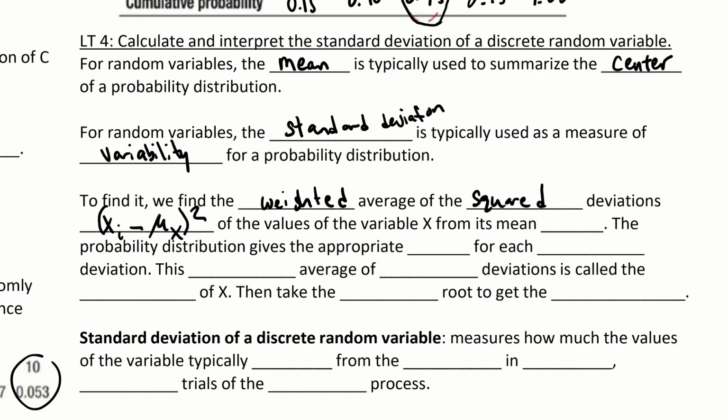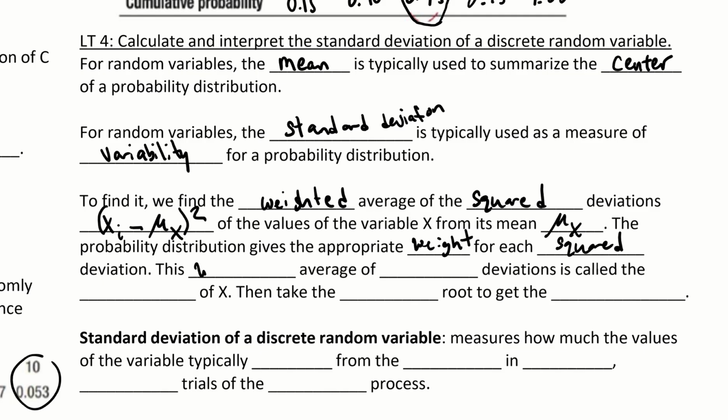So you're going to do the weighted average of these squared deviations from the mean, and the mean is mu x, right? The probability distribution gives the appropriate weight that you're going to use for each of these squared deviations.